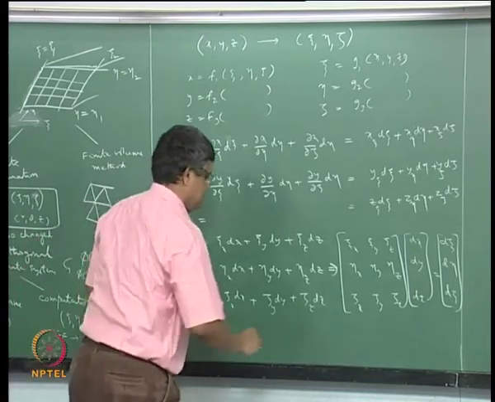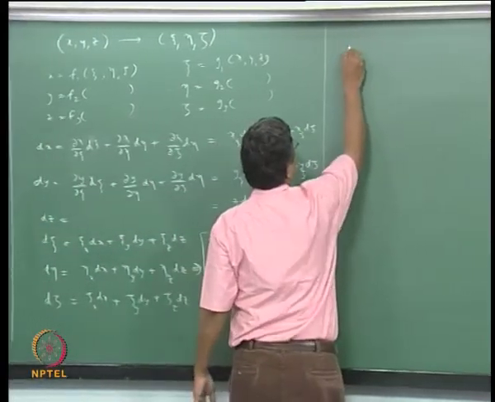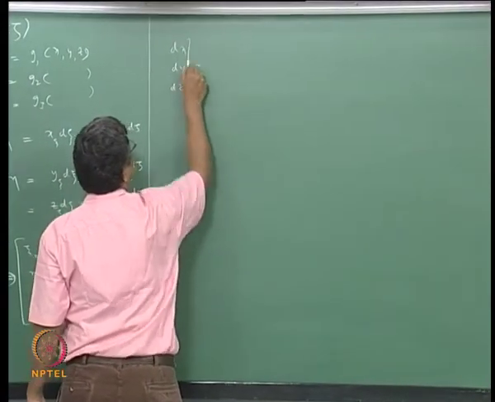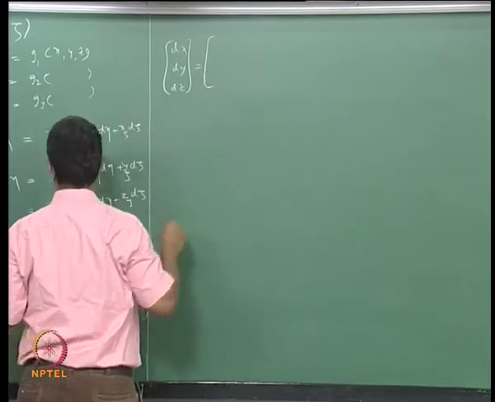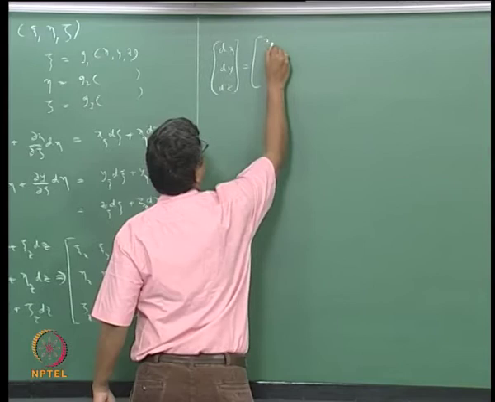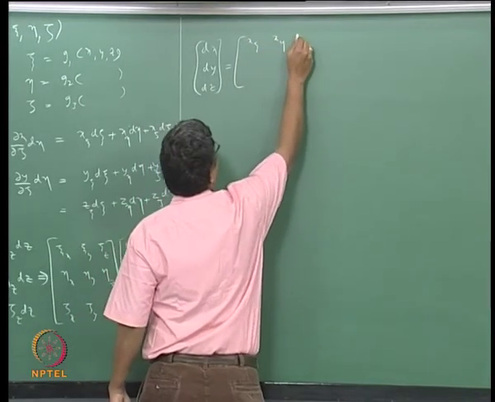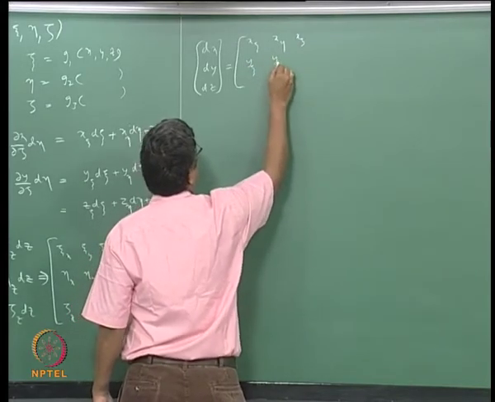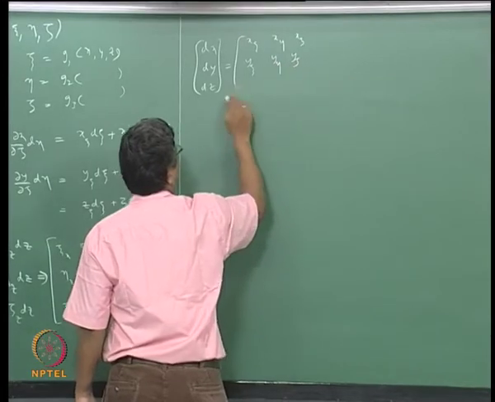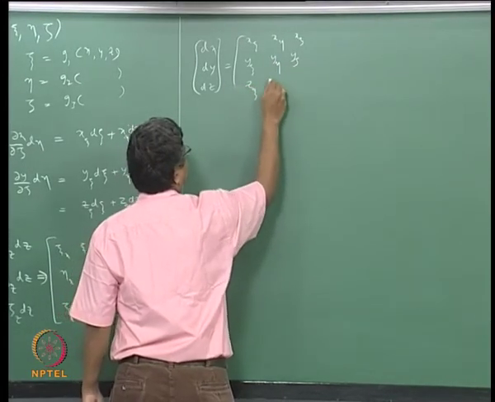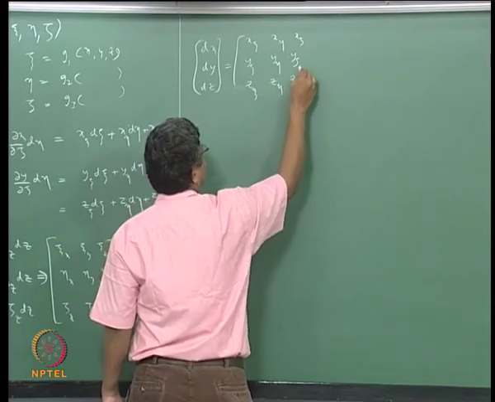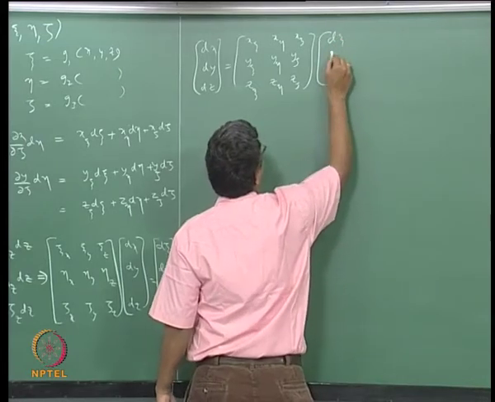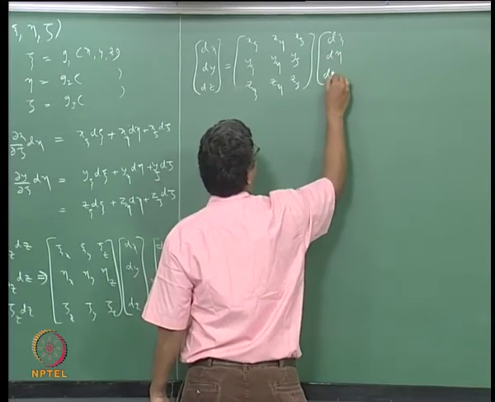We can also write dx, dy, dz equal to the matrix x psi, x eta, x zeta; y psi, y eta, y zeta; z psi, z eta, z zeta times d psi, d eta and d zeta.